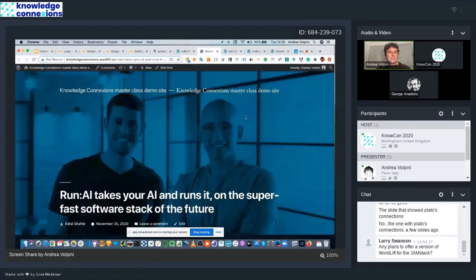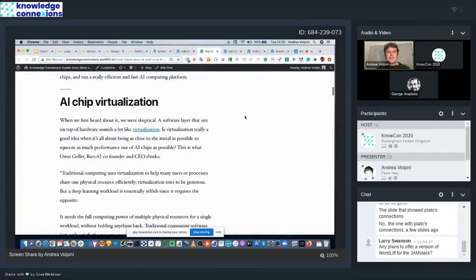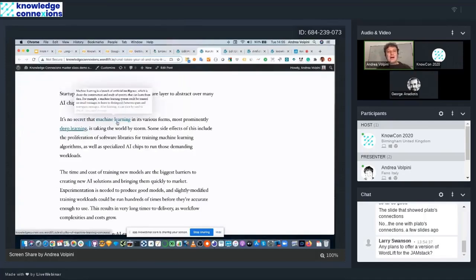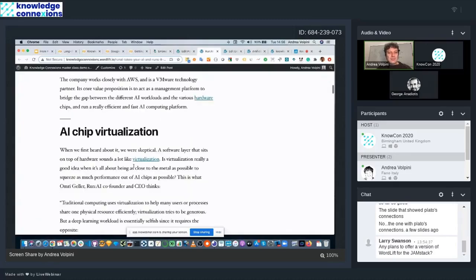And so here we have the links that have been created by WordLift that have what we call a context card, which is sort of an explainer text for a concept that I might not be aware of, like deep learning or machine learning, or simply, in my case, I want to understand how George defines machine learning, because we might agree or might not, but I think we do.